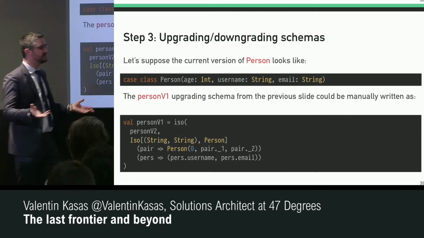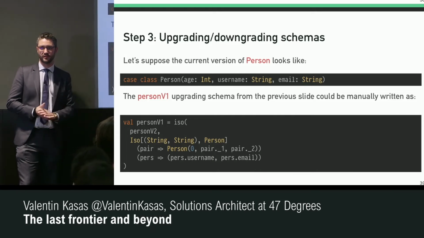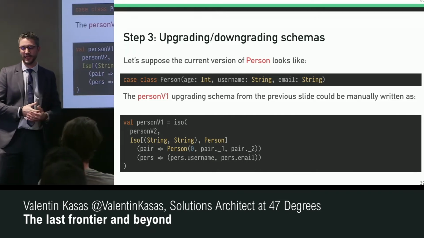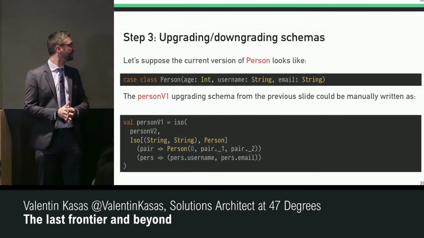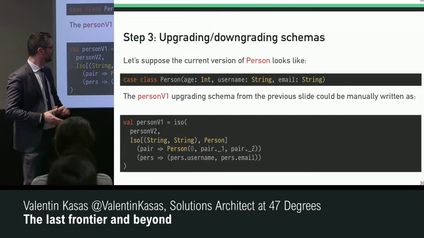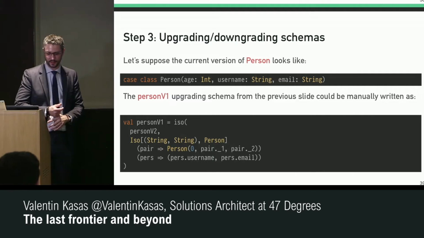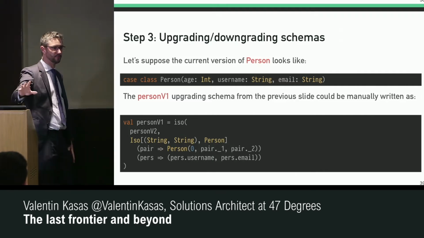So for example, let's imagine that the library doesn't provide any automatic way to do that. Let's do it by hand. I have a class person with 3 fields, age, username, and email. That's the current version, the version 2.